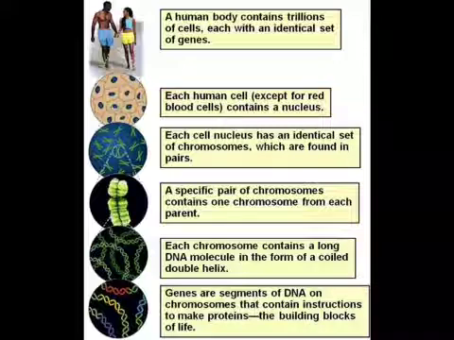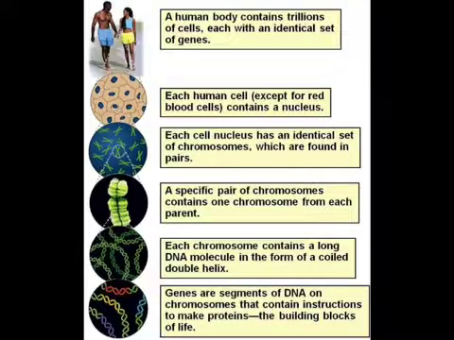Each cell contains a nucleus, and inside that nucleus are chromosomes made of DNA. Every chromosome contains the information on how to make all the proteins in the body, which are the building blocks for enzymes, hormones, and structural proteins throughout the body.